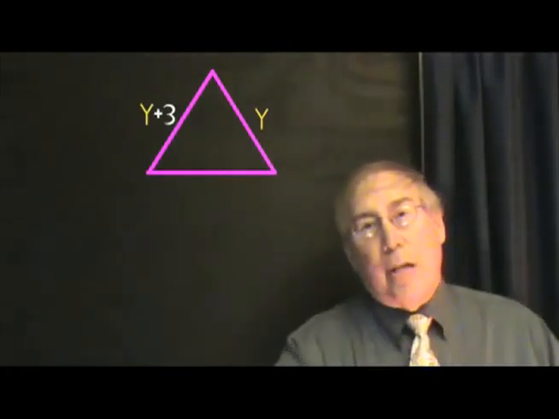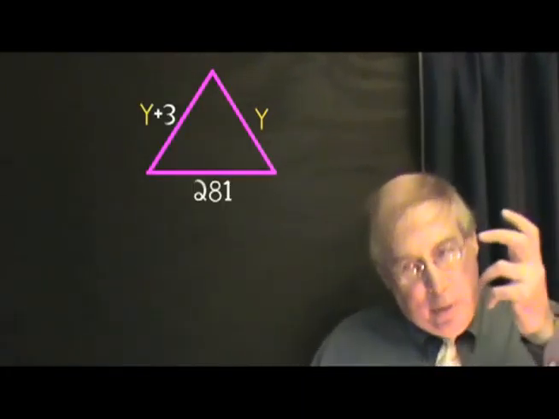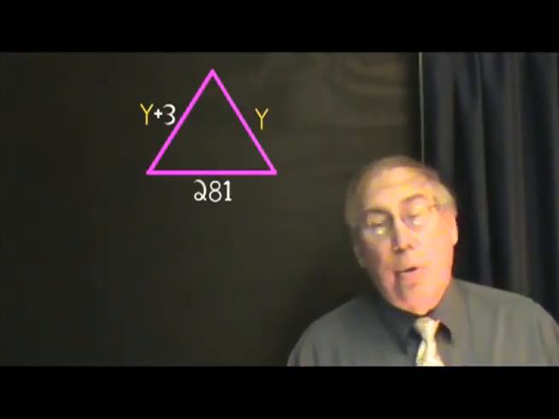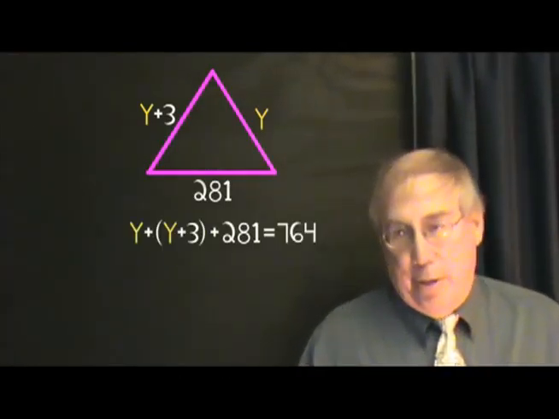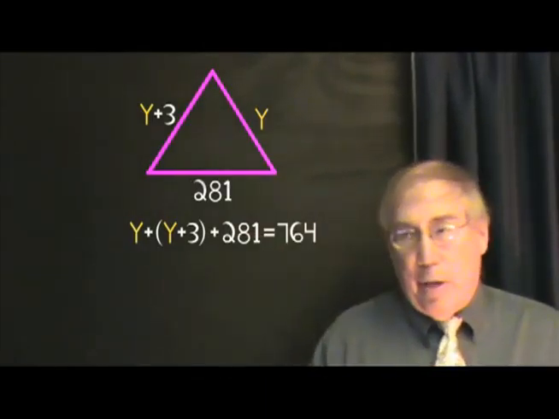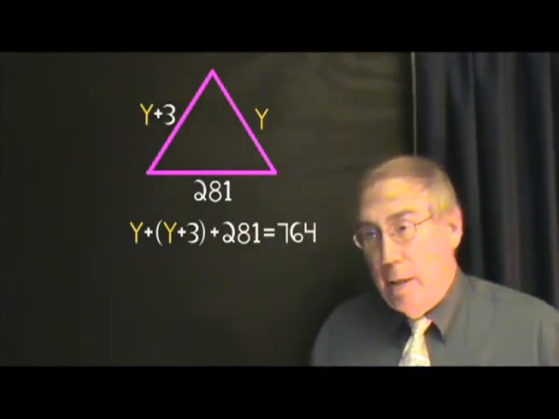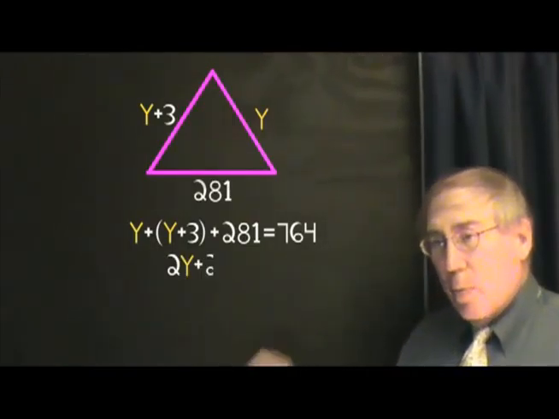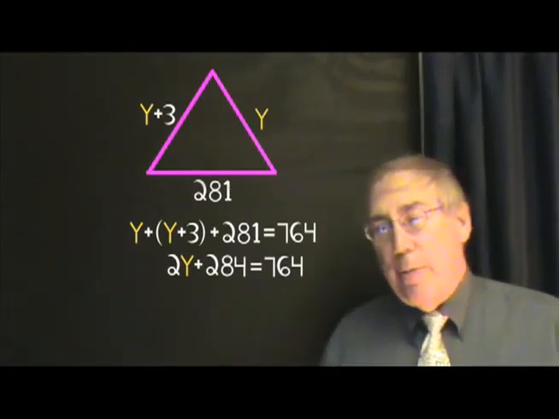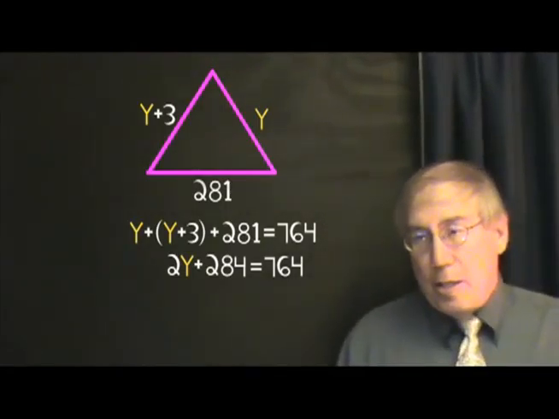Let's say that one side is y, another side is y plus 3, and another side is 281 kilometers. And we say that the whole distance around is 764 kilometers. So we can add y plus y plus 3 plus 281 equals 764 on the left-hand side there.